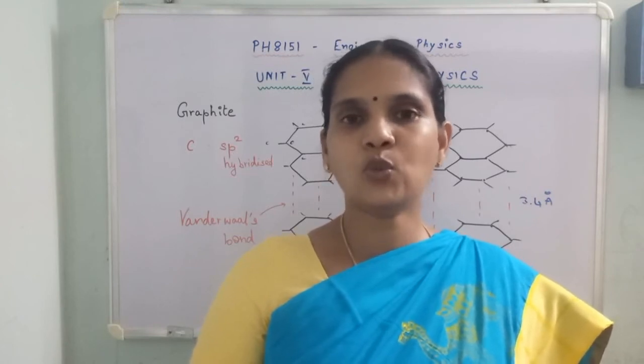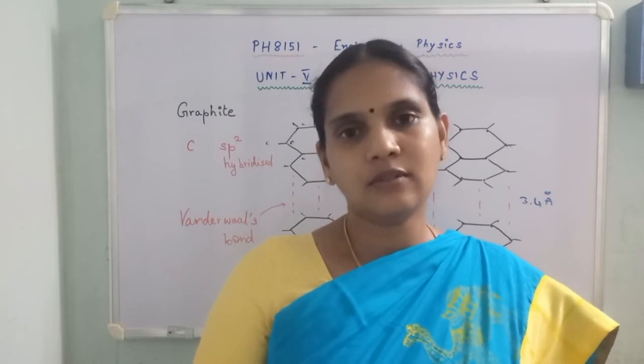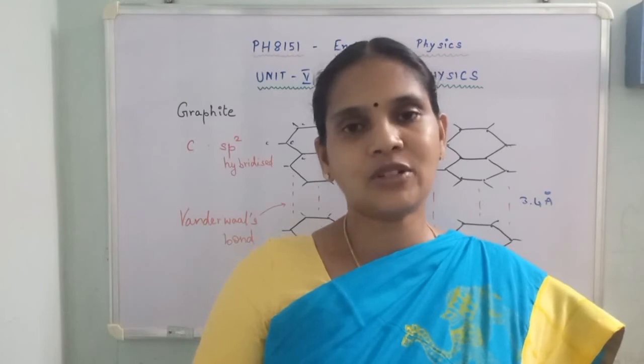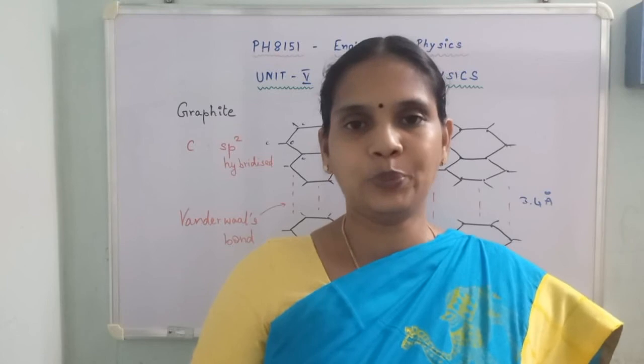From these values, we calculated the atomic packing factor to be 0.34, which implies that only 34% of the diamond structure is occupied by atoms while the rest is vacuum.